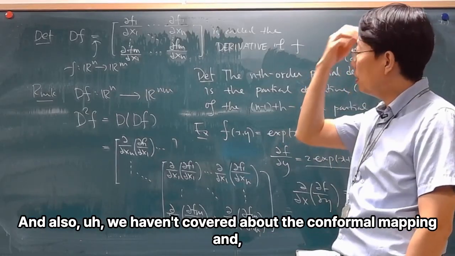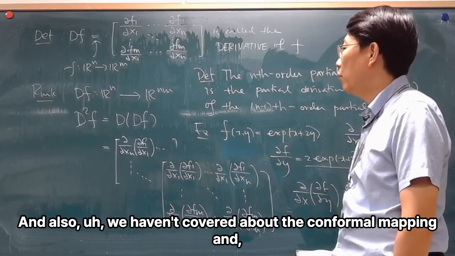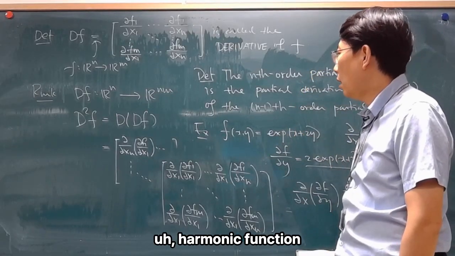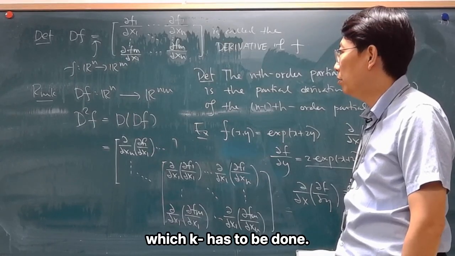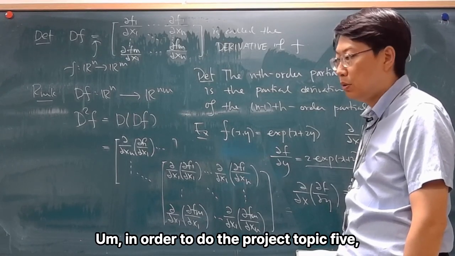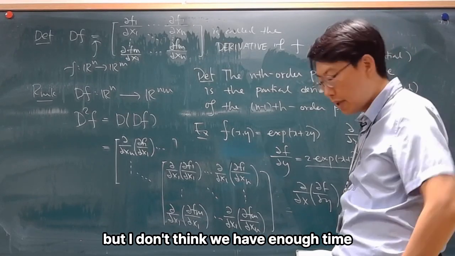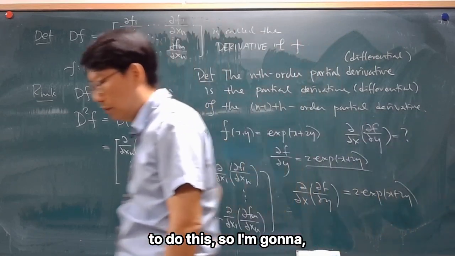We also haven't covered conformal mapping and harmonic functions, which have to be done in order to do project topic 5, but I don't think we have enough time to do this.